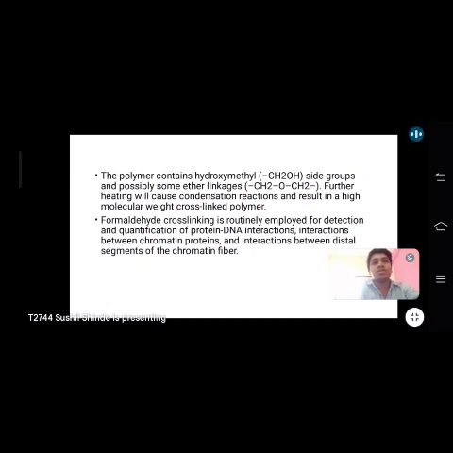Formaldehyde cross-linkage is a routine method employed for the detection and quantification of protein-DNA interaction, and between chromatin proteins and interaction between distal segments of the chromatin fiber. The resin is a thermosetting material that can be easily molded when soft. So in this process, we can use phenol in a proper way in daily life.